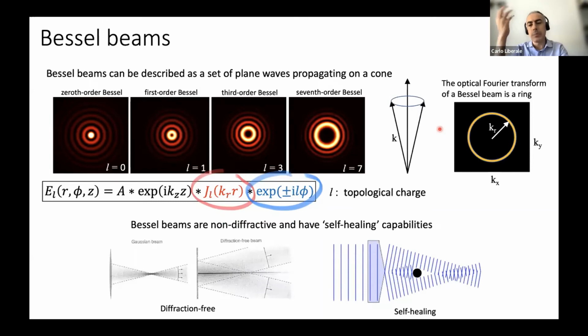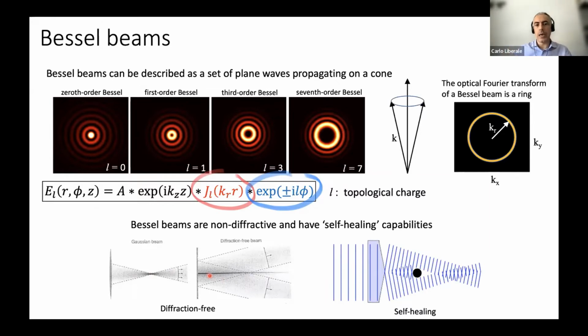But what are the interesting properties of this beam? One is to be diffraction-free or quasi-diffraction-free, which means that if you compare a Gaussian beam with a Bessel beam of the same spot size, the Bessel beam will have a much longer distance over which the size of the spot is maintained.